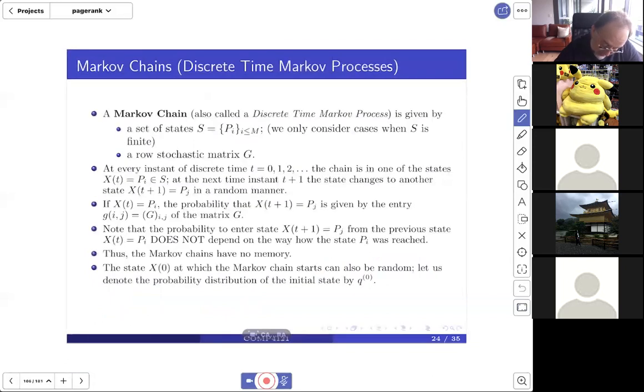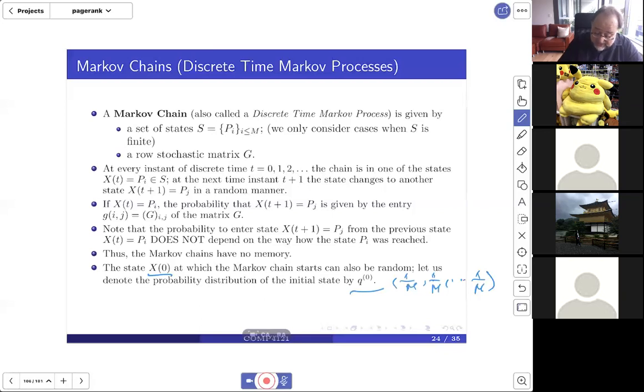And as I said, the state x0 at which the Markov chain starts can also be random. So let's denote the probability distribution of the initial state by Q0. In our case of the random surfer, Q0 is 1 over m everywhere, because all web pages are equally likely, but as I said, this need not be the case.